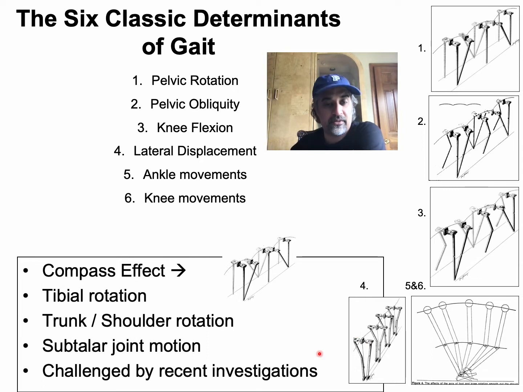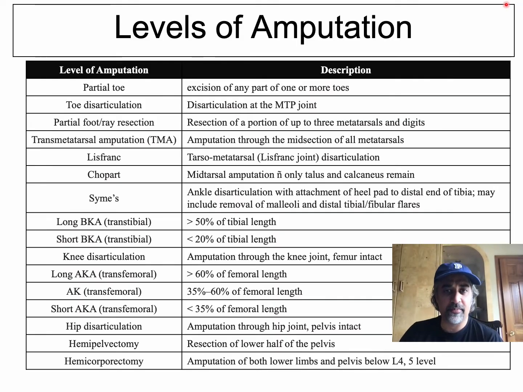The whole purpose of all of these is to decrease the amount the center of motion displaces during gait, because the more motion there is, the more metabolic demand there is on the body.